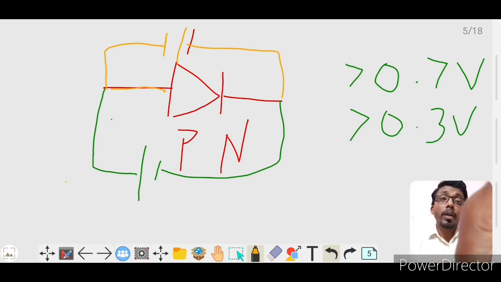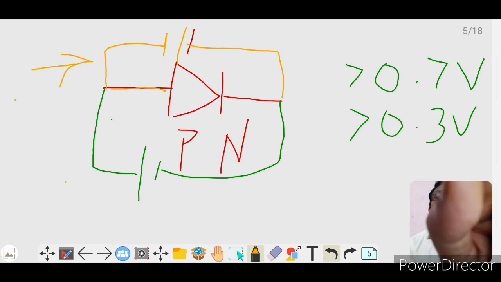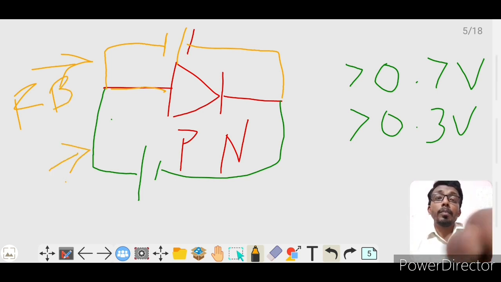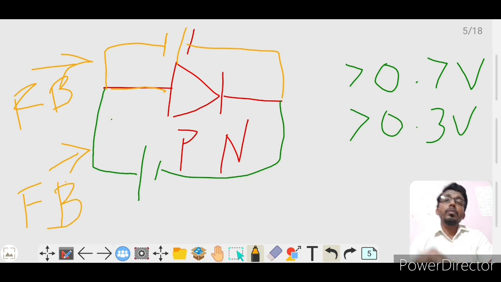See, this upper part is reverse bias and this downward or bottom part is forward bias. So this one is reverse bias, this one is forward bias. If we apply the diode in forward bias, we have seen that our depletion layer will vanish, and as the depletion layer vanishes, conduction will start.